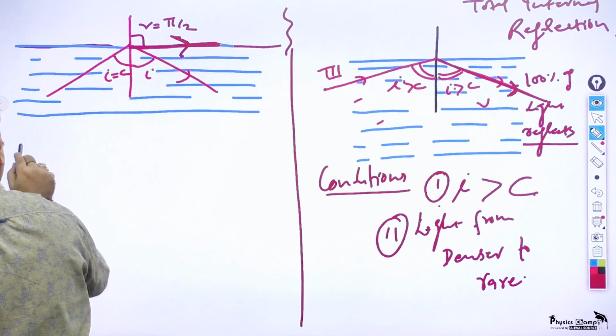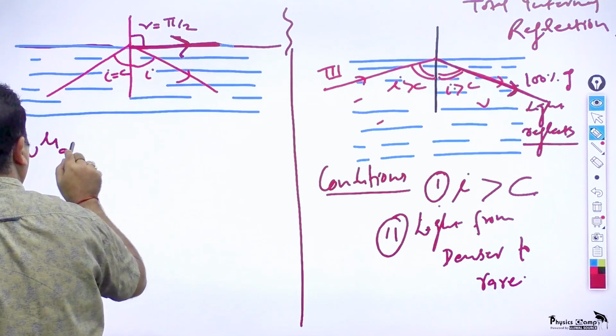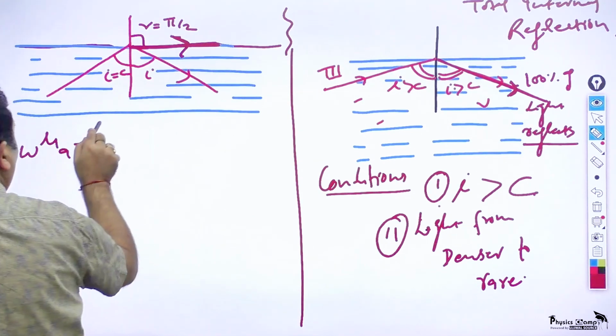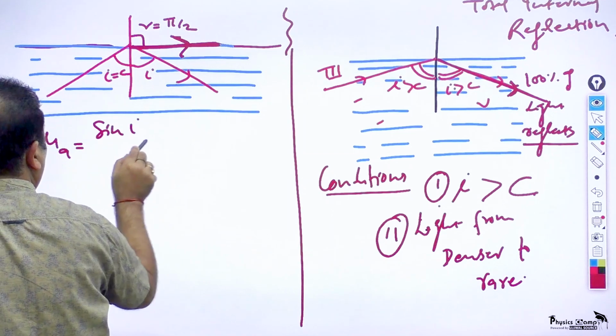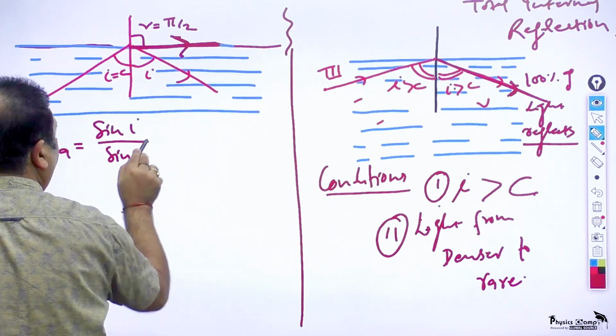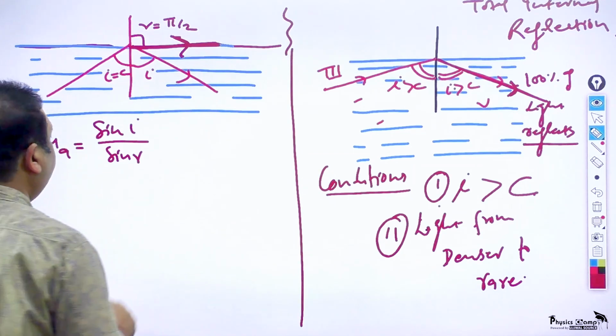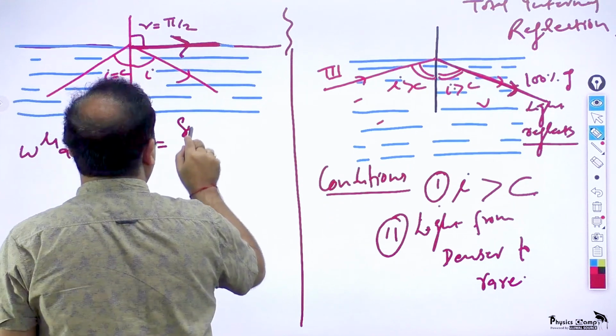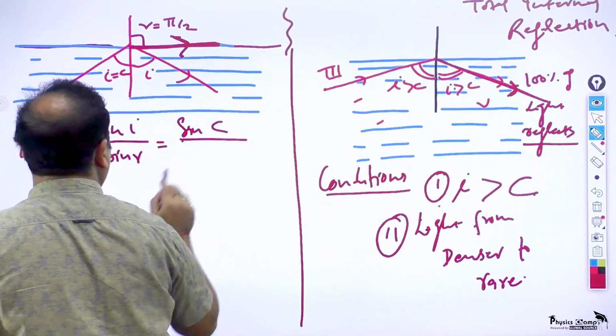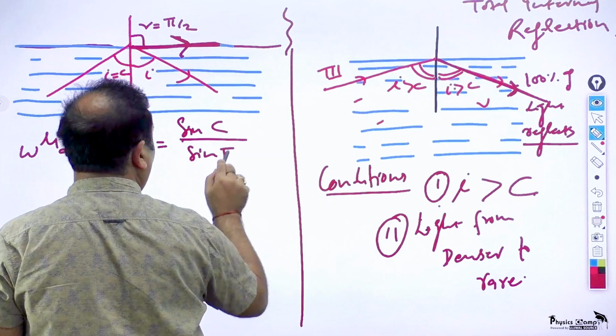So I would say W mu A, water to air, is equal to sin i by sin r. And when I say sin i, that is the critical angle, and sin r is sin 90.